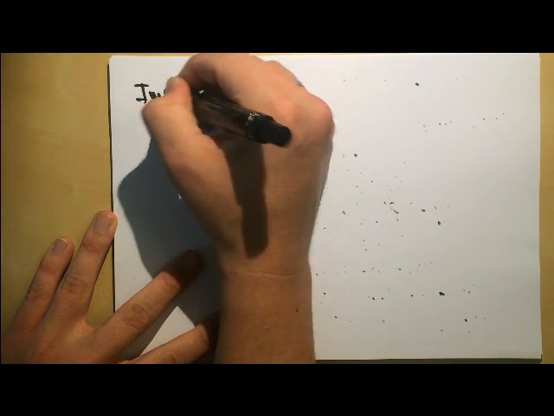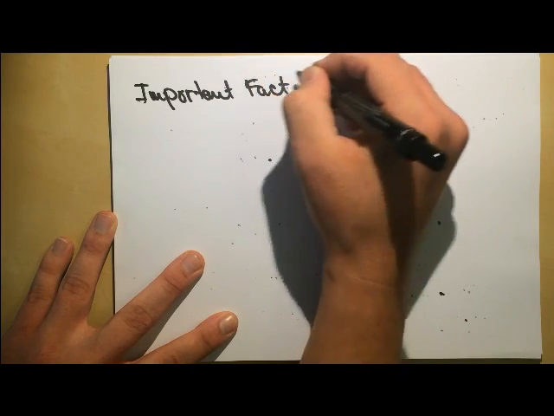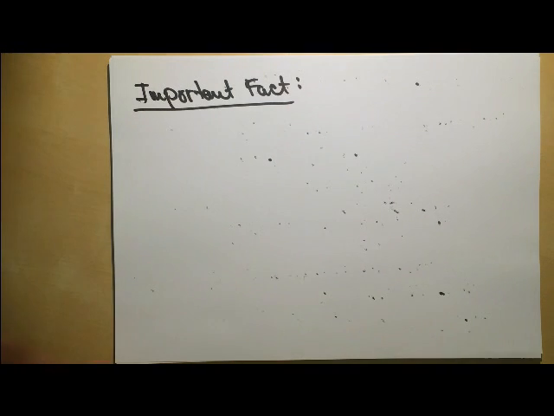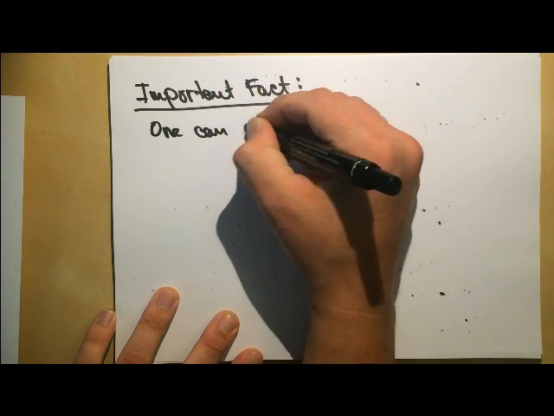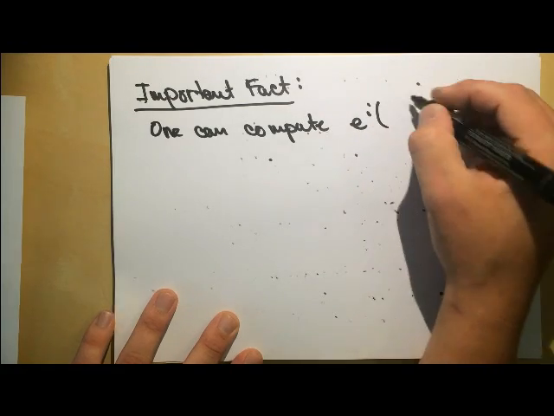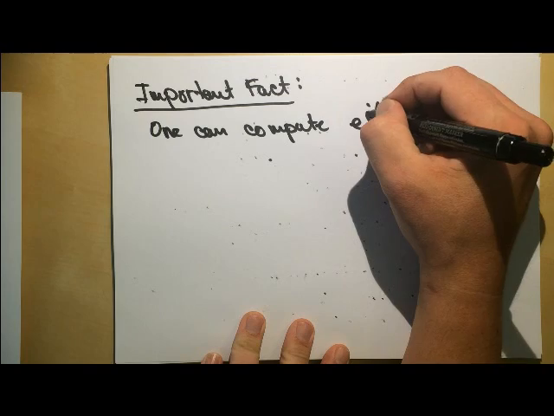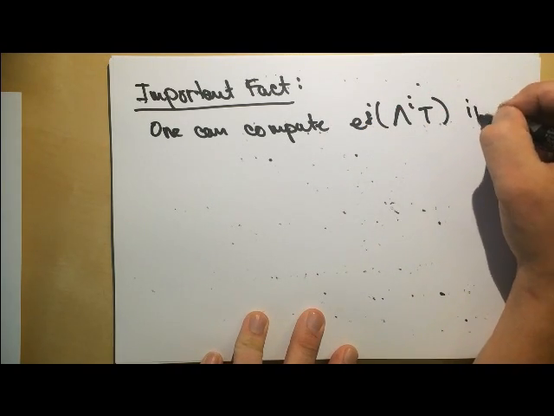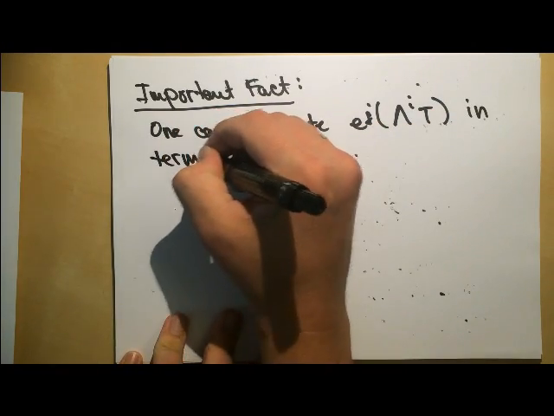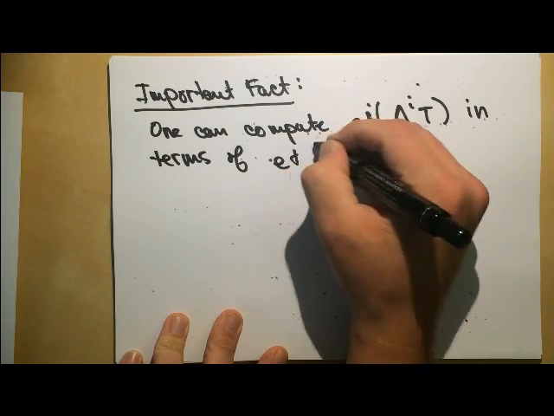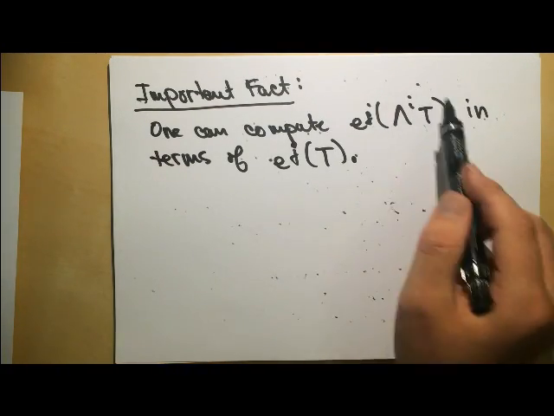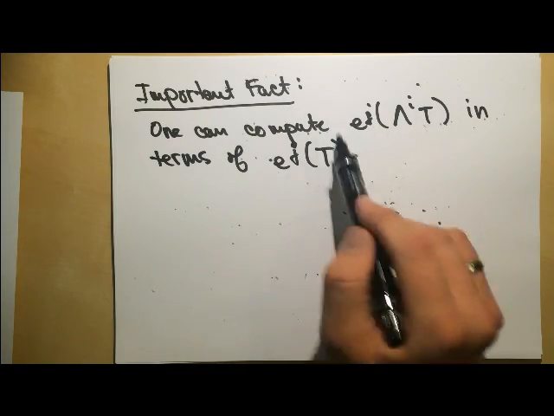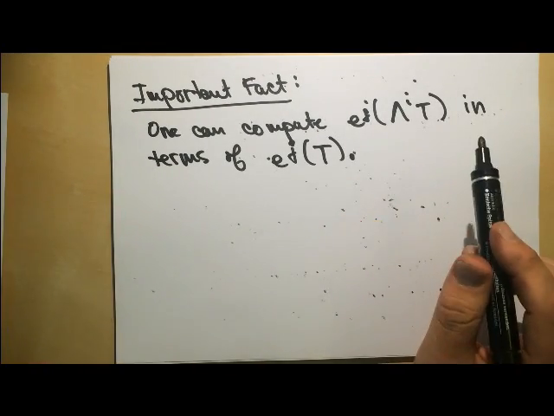An important fact is that one can compute e_i of these wedge powers of T in terms of e_j of T. So if you have these wedge powers, you can compute the abstract Hodge numbers of the wedge powers of a crystal in terms of the normal Hodge numbers of the crystal.